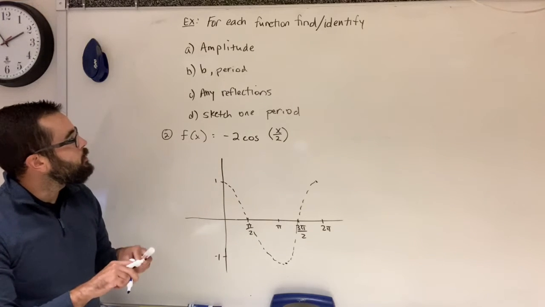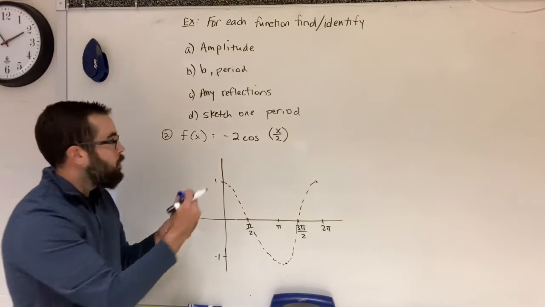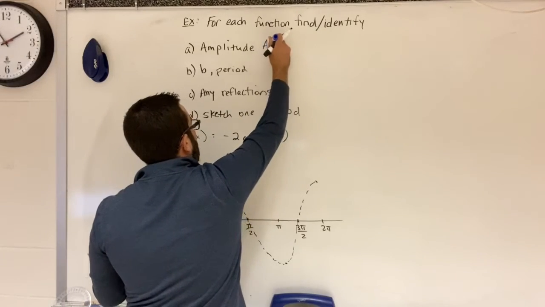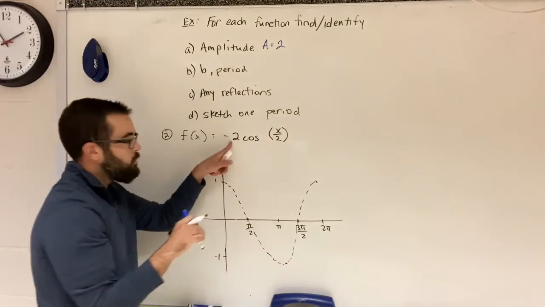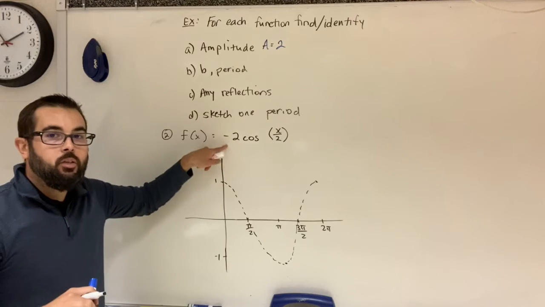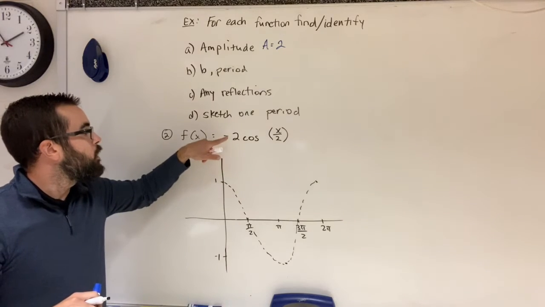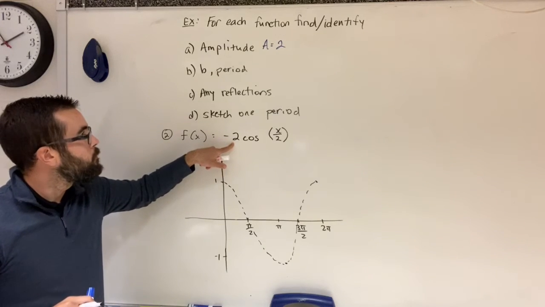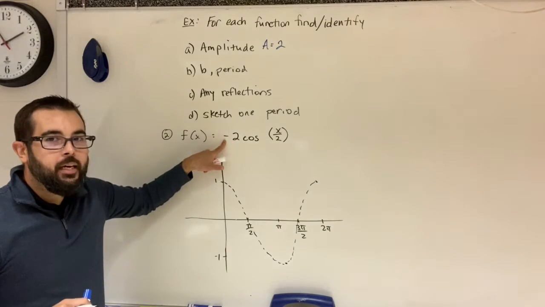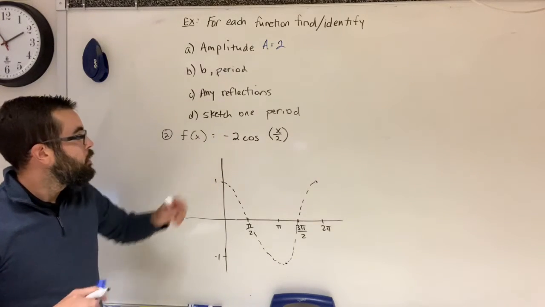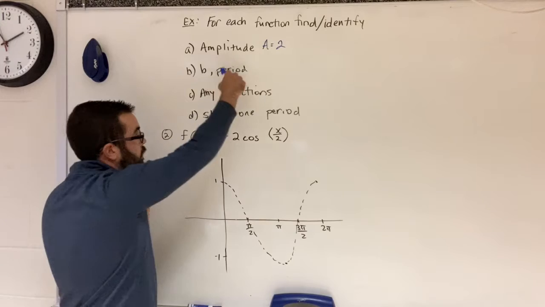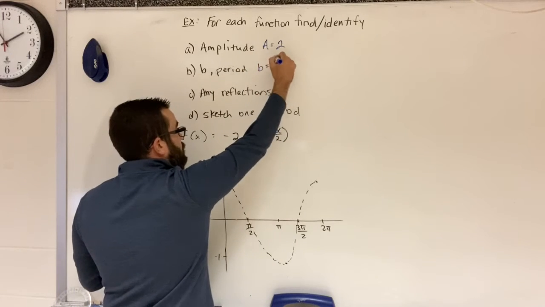All right, so let's go through this. What is our amplitude? Our amplitude is 2. I know there's a negative 2 there, but amplitude is always positive. So our amplitude is 2. We'll talk about what that negative affects here in a second. All right, our B value, B is 1/2.